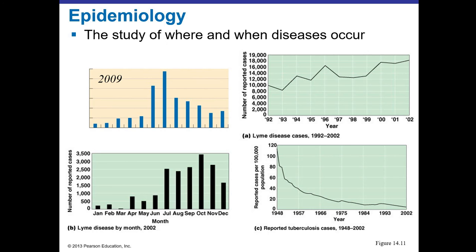We see that the peak at that time was in October. In 2009, we see the peak now is more likely to be in July. So understanding when diseases are going to occur, especially if they're seasonal. Lyme disease, though, overall, if we look at the top right graph, is slowly increasing. And so understanding that this is something that is not only increasing in number, it seems to be spreading beyond just the East Coast.